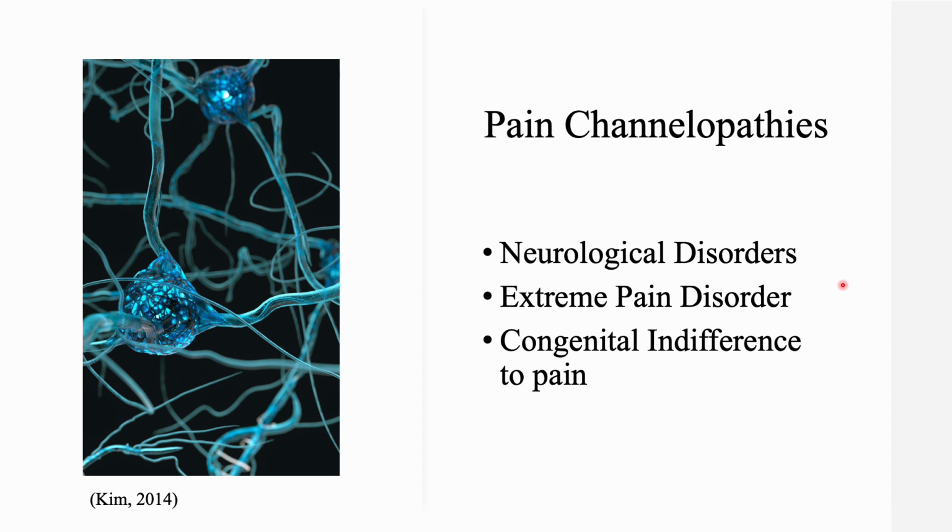A gain of function mutation is a genetic lesion that causes a normal part of the gene to be expressed inappropriately, or at abnormally high levels, or at the wrong time. So in extreme pain disorder, it results in a hyperactive sodium channel.